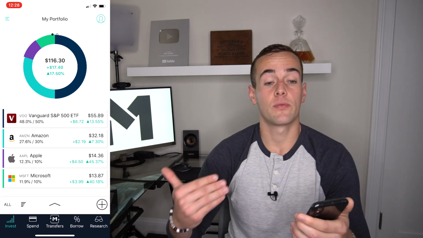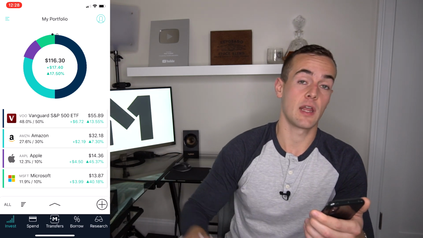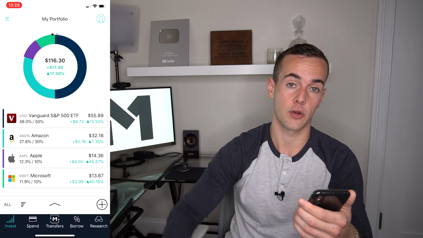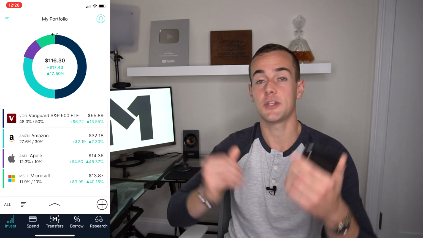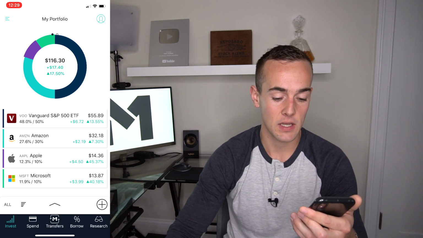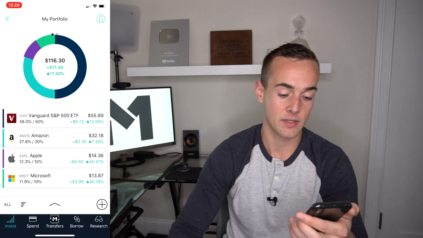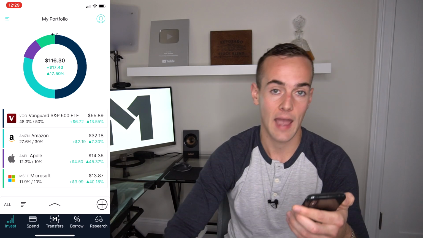And the other thing M1 Finance is going to do as you add more money to your portfolio or as your dividends are invested is they're going to do their best to attempt to bring you back to your target allocations, because as you have money in the market, each of these assets is going to perform differently at different times. So as you can see here, I've done exceedingly well with Apple and Microsoft and not so well with Amazon. And so as a result, I'm underweight in Amazon and overweight in Apple.